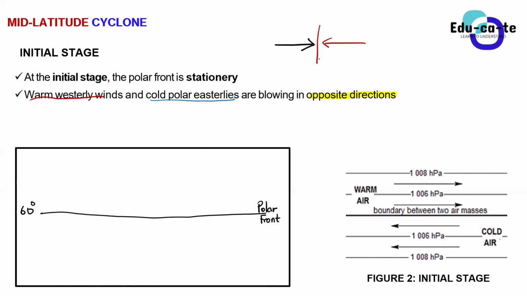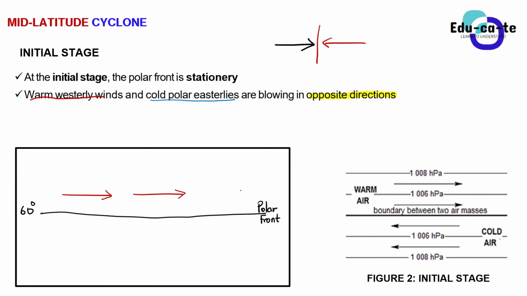So basically here we are having the warm westerly winds, which are coming from the 30 degrees line of latitude. And we are also having the cold polar easterlies, and they are blowing in opposite directions. For you to see clearly, most of the times they will just draw the warm westerly winds like this.